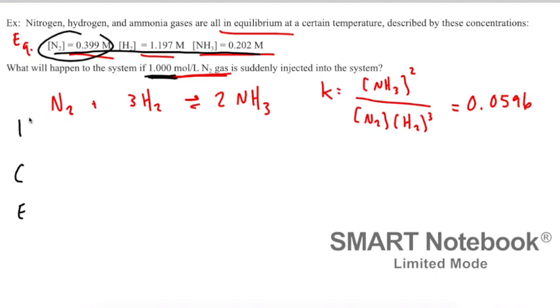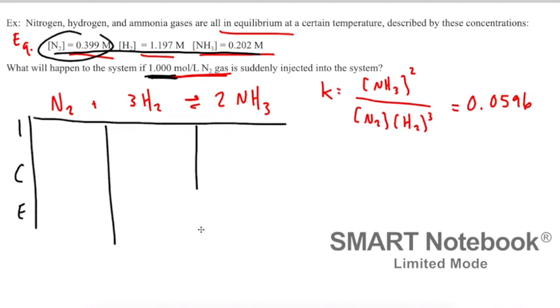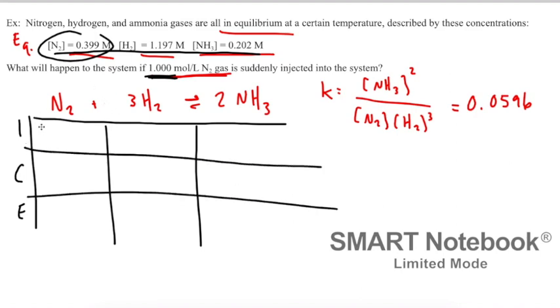So the initial value of N2 there should be 1.399, because that's the concentration that I have now when I start my analysis. I have not changed H2 or NH3, so 1.197 and 0.202.